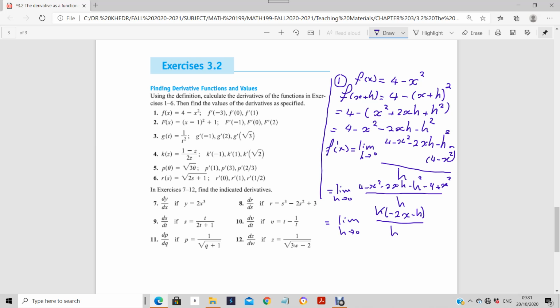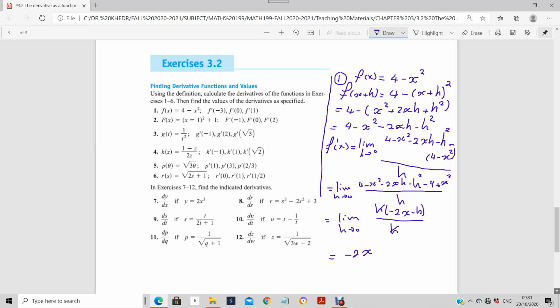So h will be cancelled with h, and then we will have the limit here. By direct substitution, see, I kept writing limit until the last step where we have to evaluate the limit. Now, by direct substitution, you substitute here h by 0, you will get minus 2x. So the derivative of this function is minus 2x.